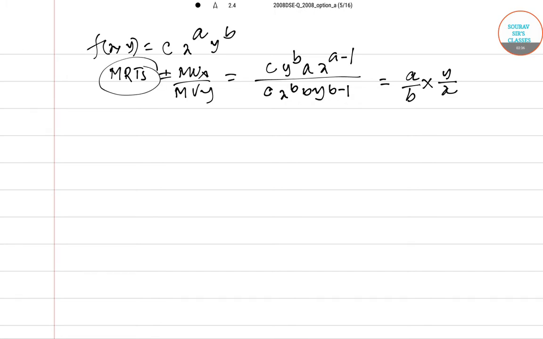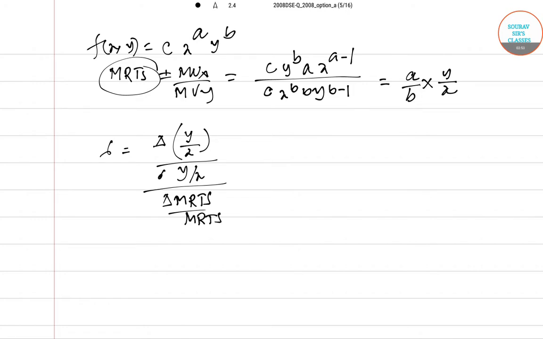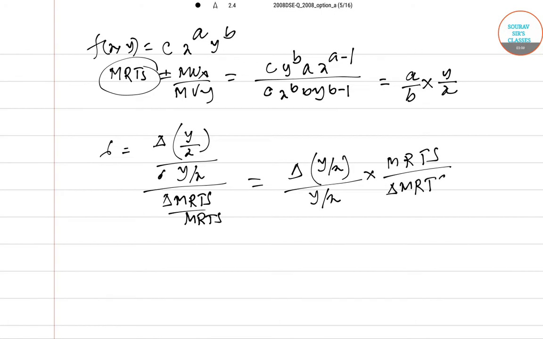Now this is MRTS. For sigma we have d(y/x) times y/x divided by d(MRTS) times MRTS. So essentially we can just rearrange it like this.